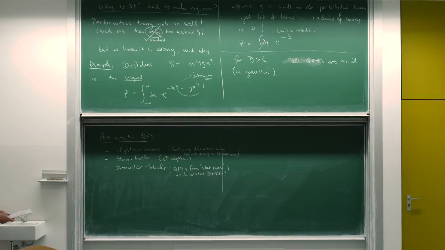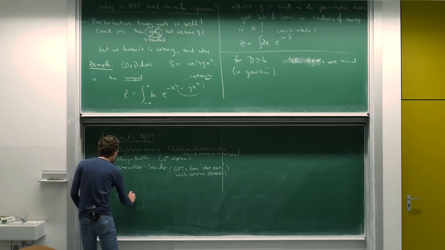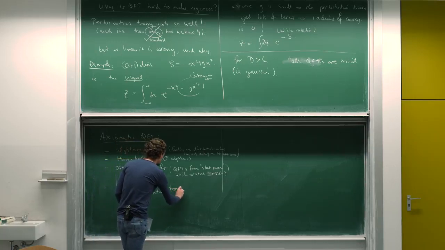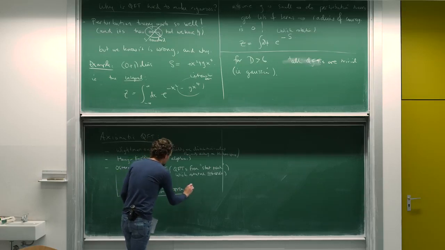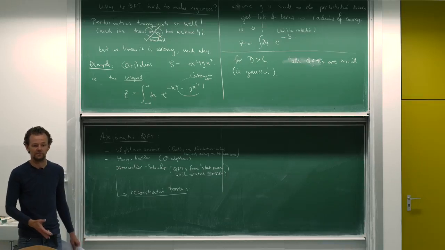And the focus of all these was on reconstruction theorems, which tell us that if we have enough correlation functions, we can reconstruct the Hilbert space and the unitary representation of the Poincare group.